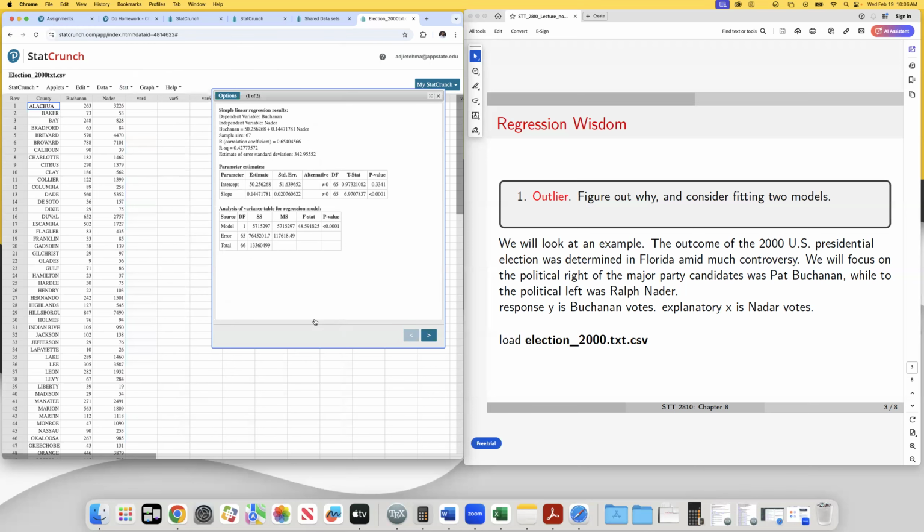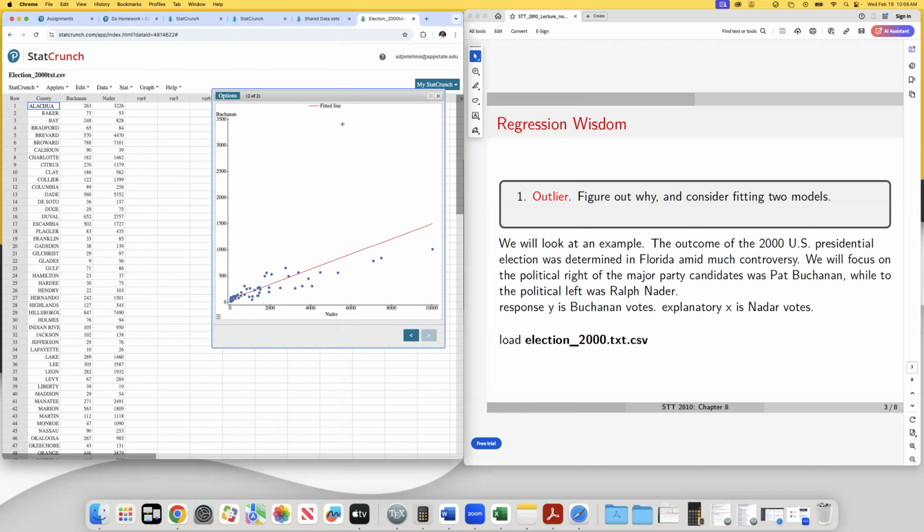So let's get here. We see this guy here. So this is an outlier. It is very important that you're able to identify an outlier.